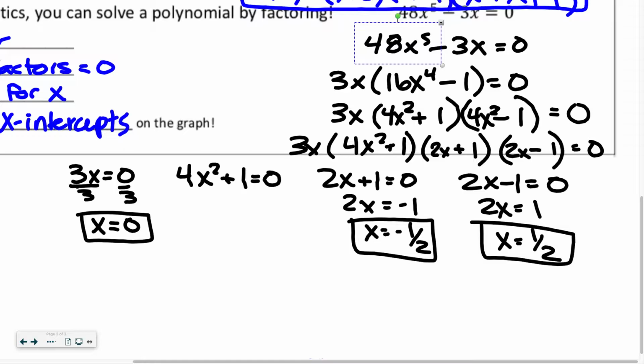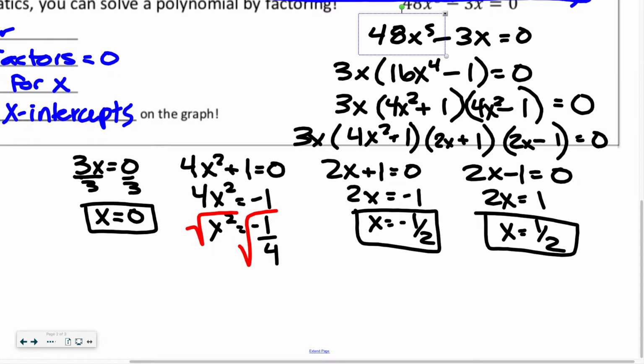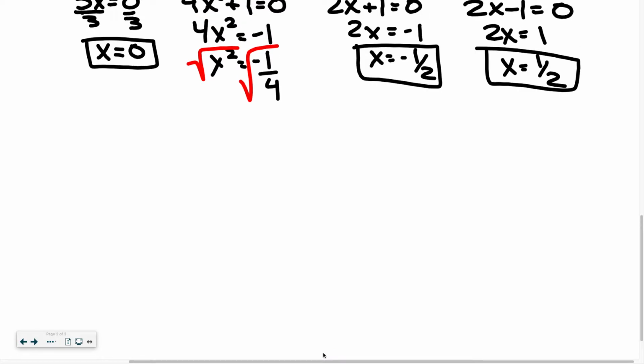And for the last one, I've got to solve for x squared. So I have to subtract the 1, divide by 4, and it's x squared equals, so I take the square root of both sides. A couple of things to remember back from chapter 3. If you square root to solve, you have to add a plus or minus.